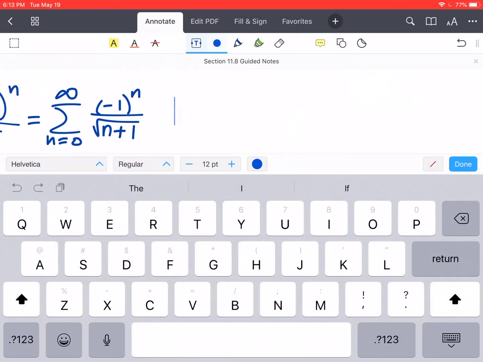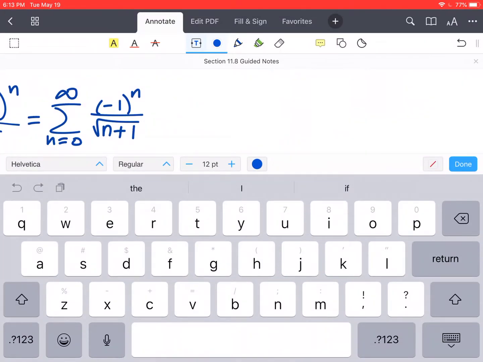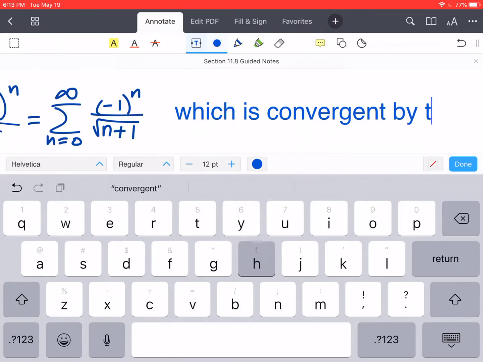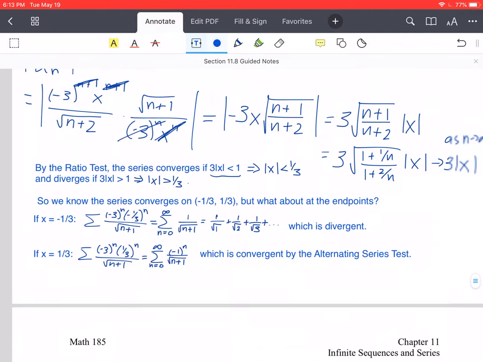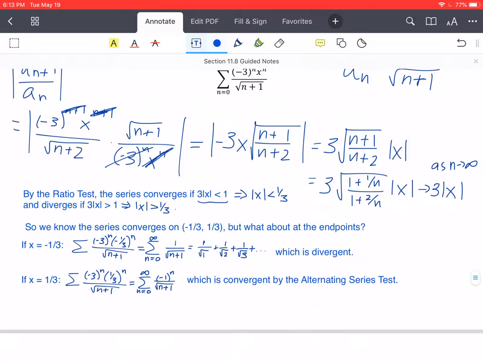And this one is actually convergent by the alternating series test. Alright, so we get that that one is convergent.